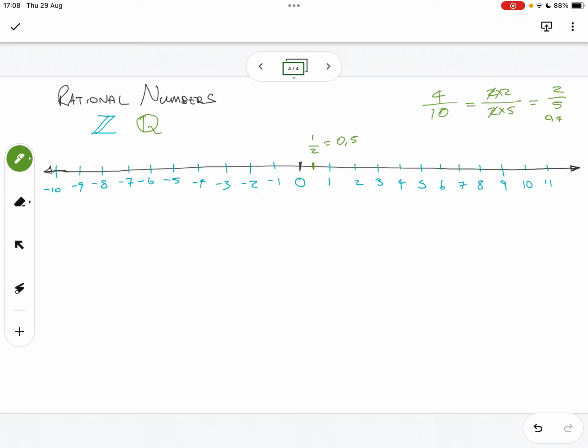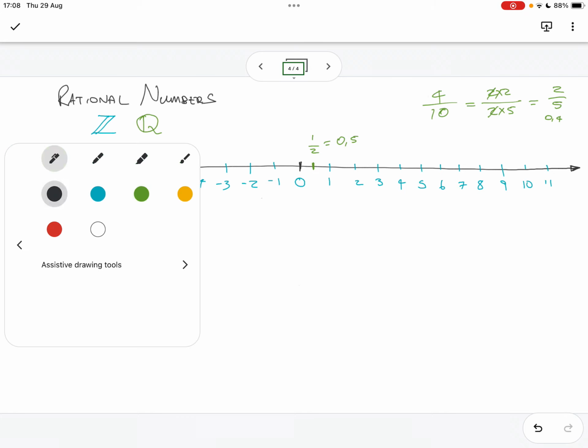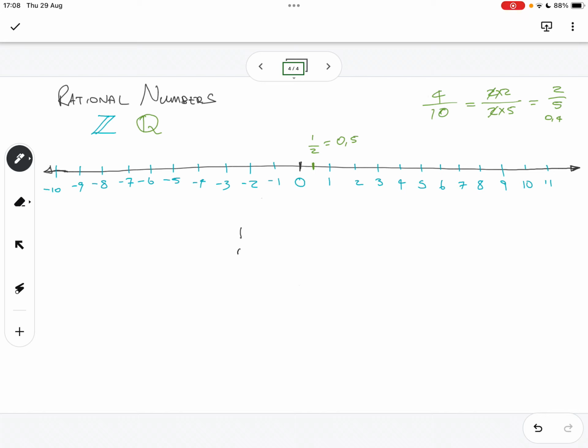So if I was to divide the space between 0 and 1, let's say there's 0 and there's 1, and I divide it into 10 equal parts, I'll have 0.1, 0.2, 0.3, 0.4, 0.5, 0.6, 0.7, 0.8, 0.9, and then 1.0.